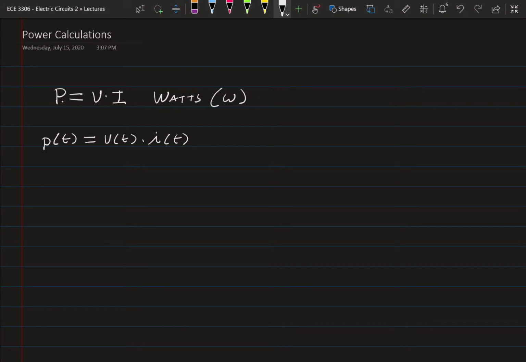And we remember from the previous chapter that our voltage is equal to Vm times the cosine of omega t plus theta v, and our I is equal to I sub m times the cosine of omega t plus theta sub I, and that's given in watts.